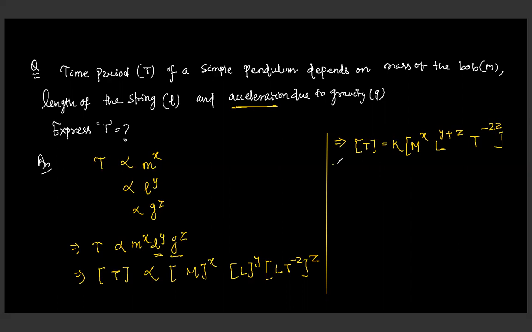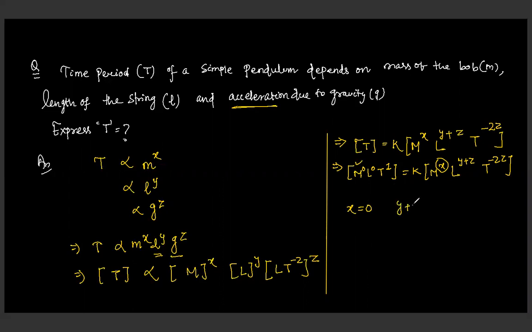When I write the left hand side more clearly, we can write M^0 L^0 T^1. It should be equal to k, M^x, L^(y+z) and T^-2z. So let us compare the values. Here we can clearly see that x is equal to 0, because on the left hand side it is 0.